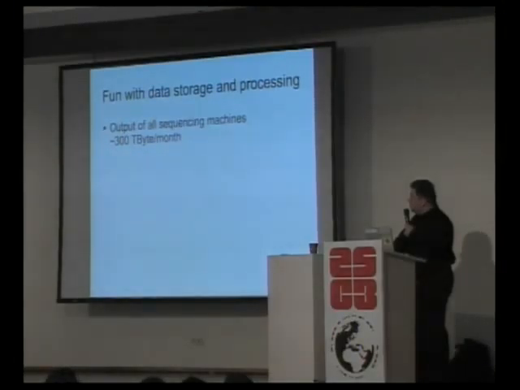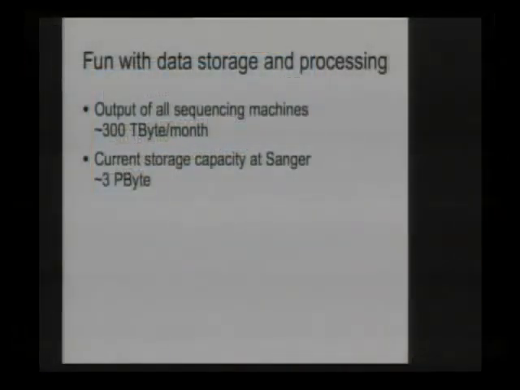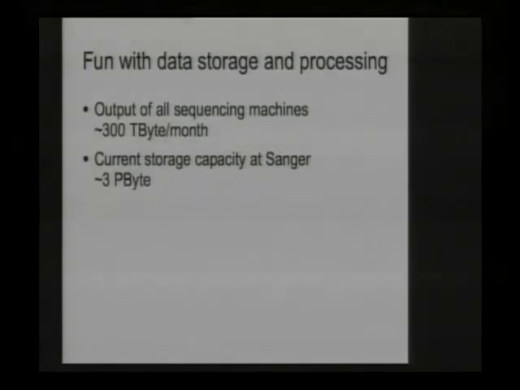Currently we are generating about 300 terabytes per month, and that needs to be stored somewhere. We do have 3 petabytes in our farm at the moment, more or less. Even the systems people couldn't tell me how much exactly it is, because they're too busy adding new hard drives. This is all that some people do. They just plug in new hard drives until the rack is full.